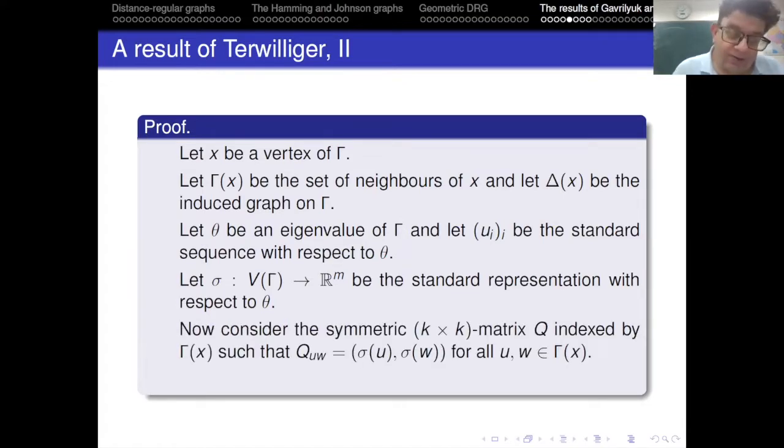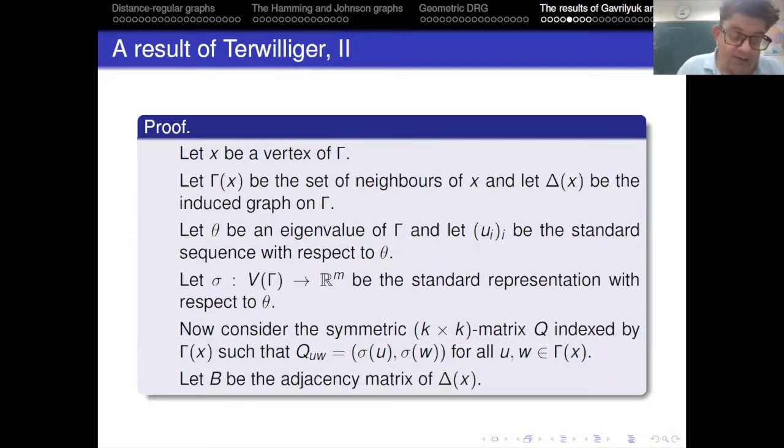Now we consider the symmetric k times k matrix Q indexed by the set Gamma(x), such that the (u,w) entry is the inner product <sigma(u), sigma(w)> for any u, w in Gamma(x). So Q is clearly positive semi-definite, because it is a Gram matrix.